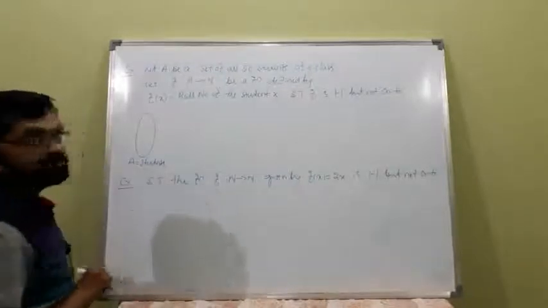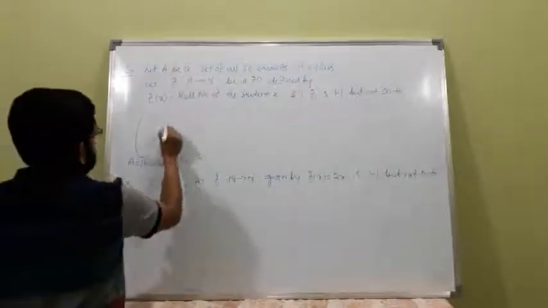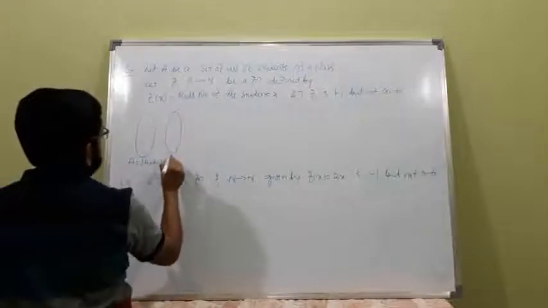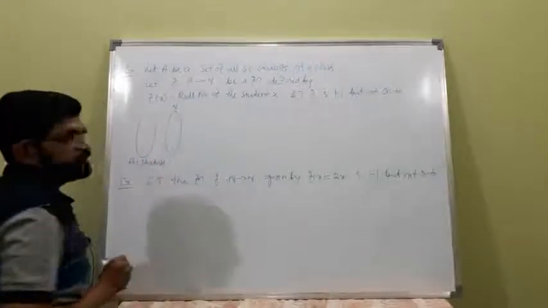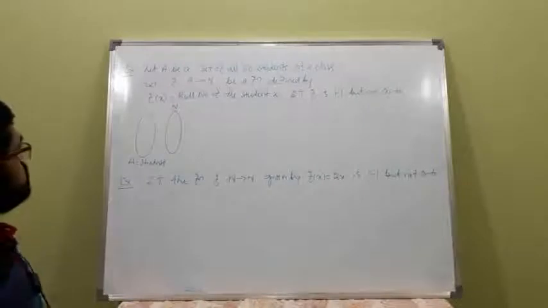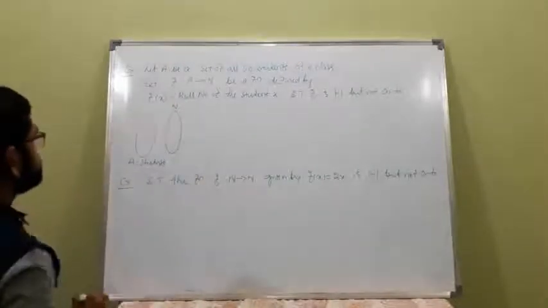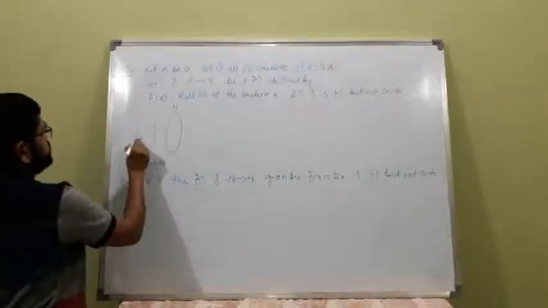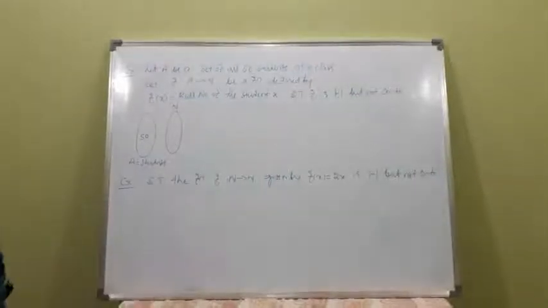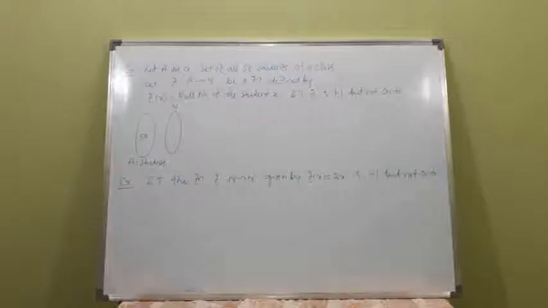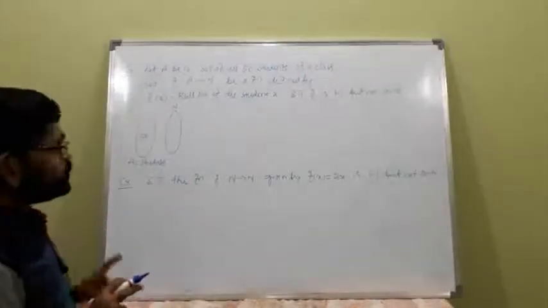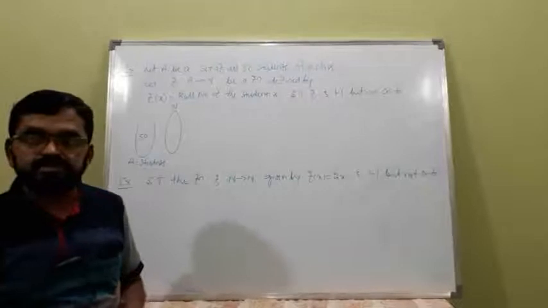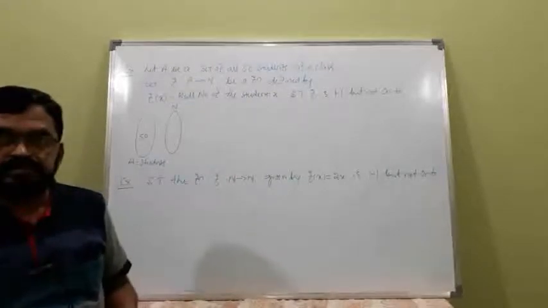The codomain is N, the set of all natural numbers. Total number of students is 50, so only 50 students are here. Since in the same class no two different students can be given the same roll number.